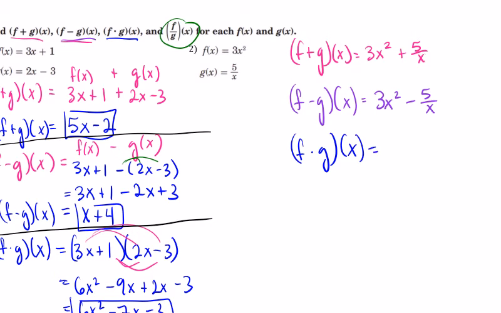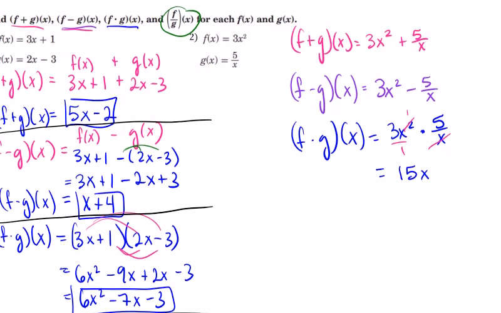So we're going to multiply these together, 3x squared multiplied by 5 over x. And then what happens is this is over 1, right? One of the x's and the x squared cancel out, so we end up with x to the first. And so we have 3x to the first times 5. So 3 times 5 is 15. And then x to the first I can just write as x.